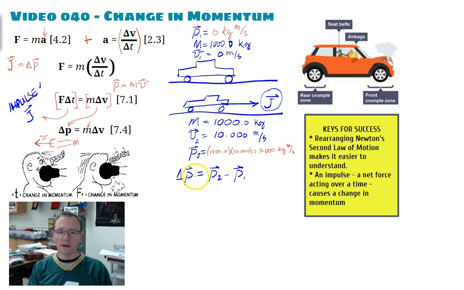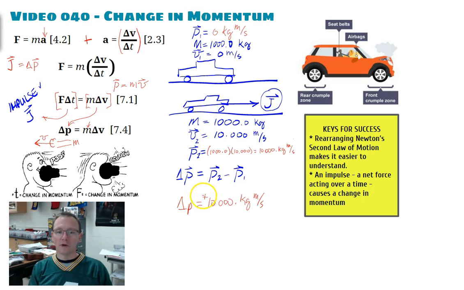So delta P is the final momentum minus the initial momentum. So 10,000 kilogram meters per second minus 0 kilogram meters per second gives us a change in momentum of 10,000 kilogram meters per second.